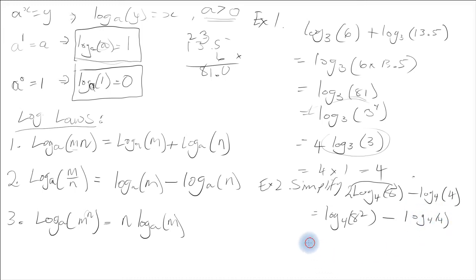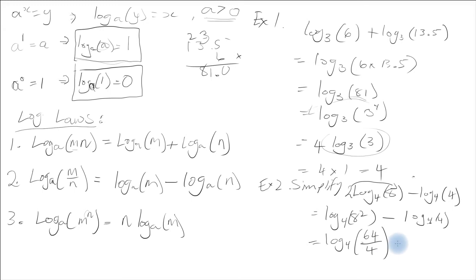Now 8 squared is 64. So we've got log base 4 of 64. Now here I've got minus, and the base is 4, so I can use this trick number 2 to divide by n. So I'm going to divide 64 by 4.